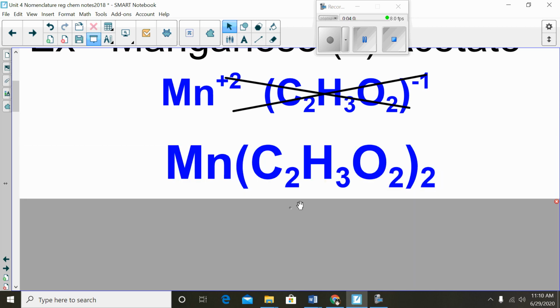So when you exchange it, it's Mn parentheses C2H3O2 parentheses 2. So in this case, you do need the parentheses because if you didn't write that, it would be oxygen 22. So this parentheses indicates that I needed 2 acetates to balance this out. The 1 is not written, and your plus or minus is not written.